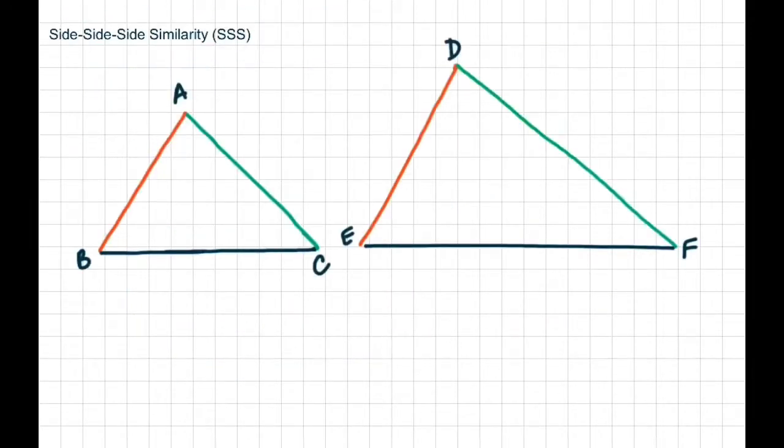The next set is side-side-side similarity. Basically, if three sides of one triangle are proportional to the three corresponding sides of another triangle, and it's really important they have to be corresponding, the same spot or same position from one triangle to another, then these two triangles are similar to each other.